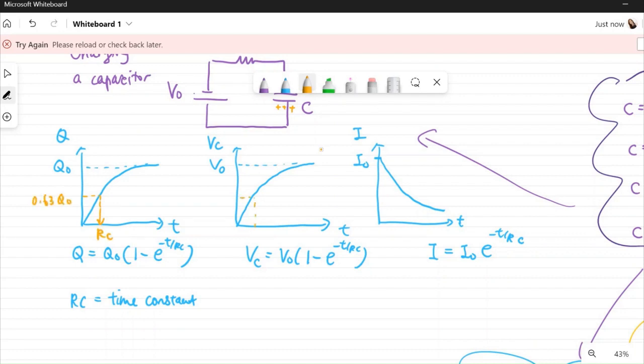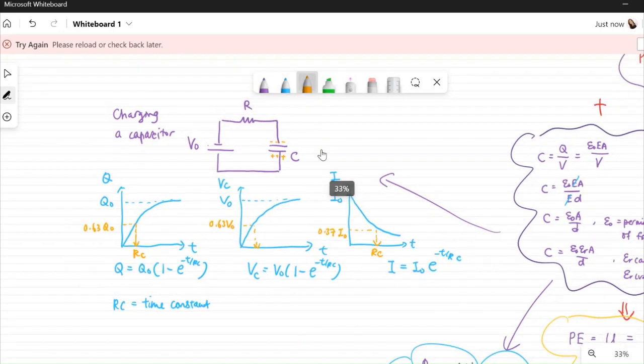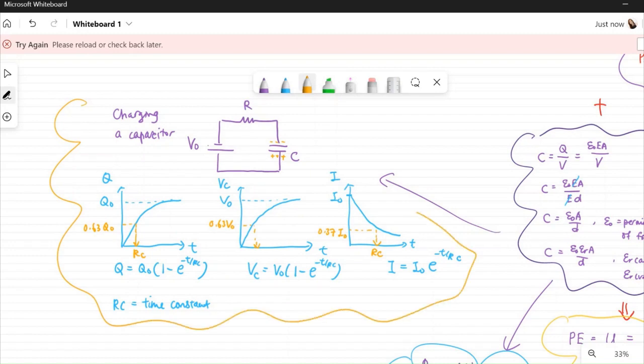This one also is to reach 63% of the maximum value of the voltage, right? However, when the current is reducing exponentially, RC is actually the time taken for the current to drop to 37% of the maximum current. Okay, so here is charging a capacitor.